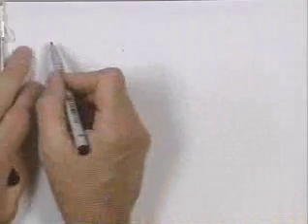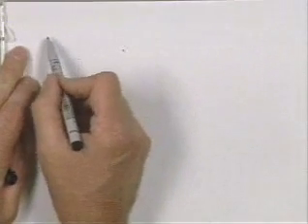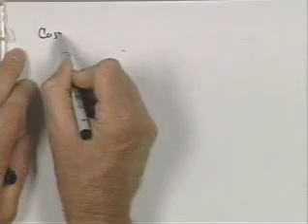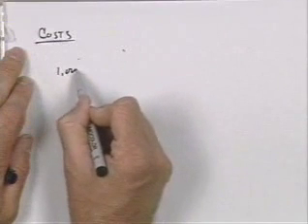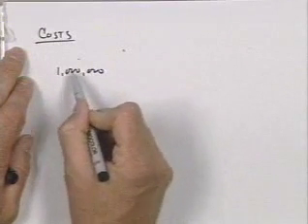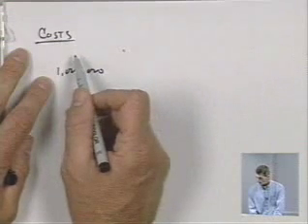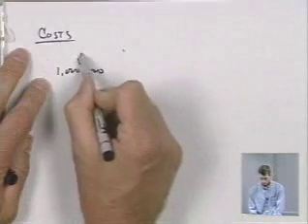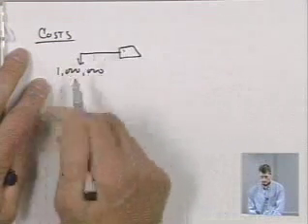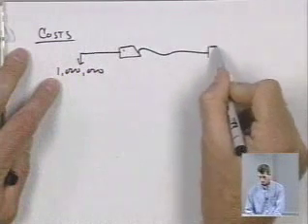Now, the first thing I suggest you do, as is always the case, is let's draw some pictures. First of all, let's talk about the costs. The costs are $1 million up front, plus an additional $20,000, not in period 0, but in period 1 through period 15.